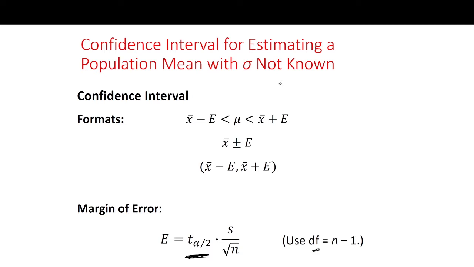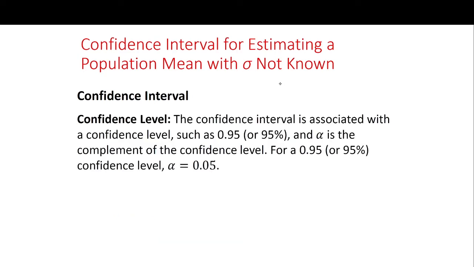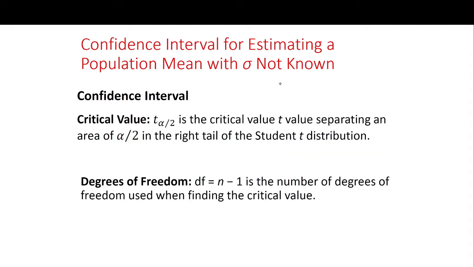Here we're going to use degrees of freedom, DF, which is actually the sample size minus 1. Here we also have a confidence level, like in the previous section, and a critical value, which in this case is a t value. t alpha over 2 is the critical value t separating an area of alpha over 2 in the right tail of the student t distribution. Keep in mind the distribution we're using here is called the student t distribution.